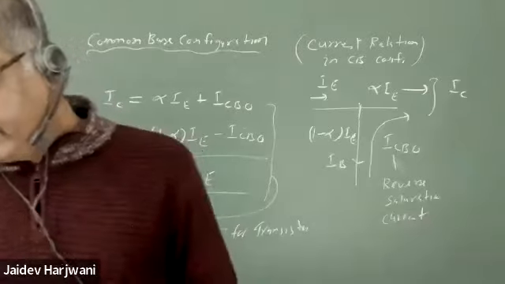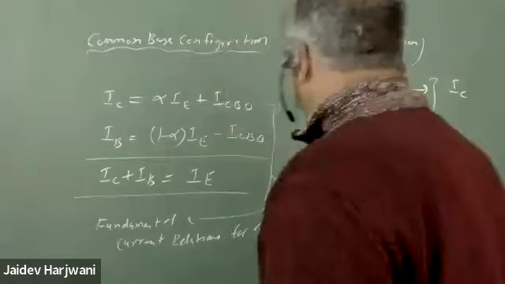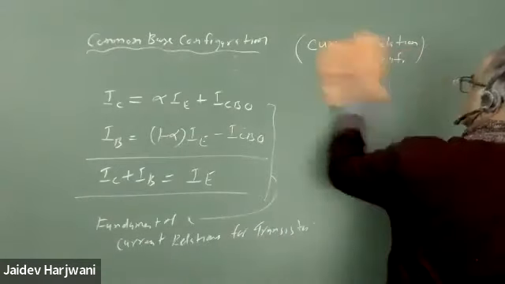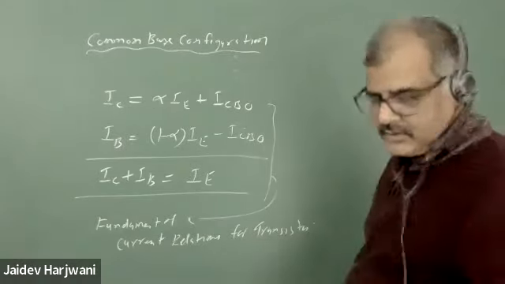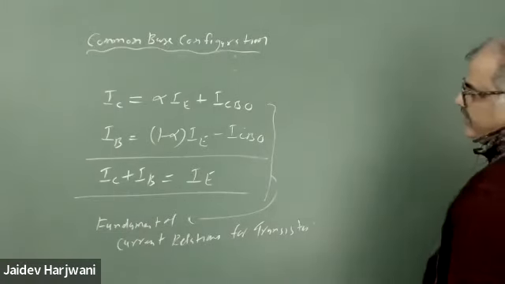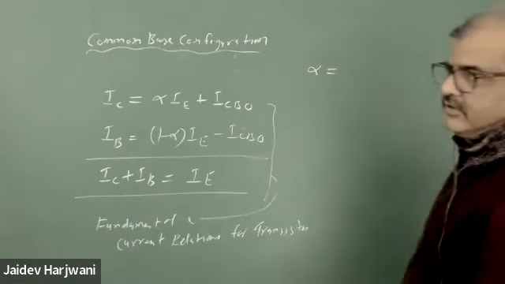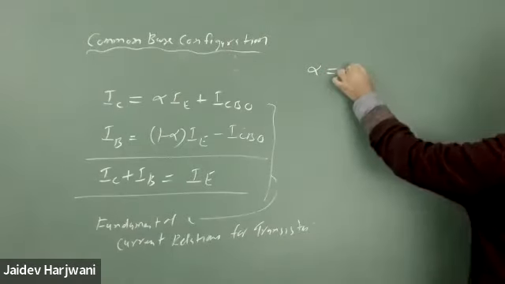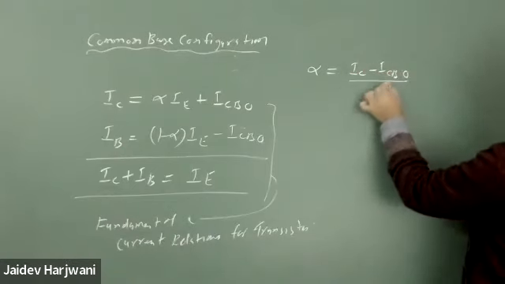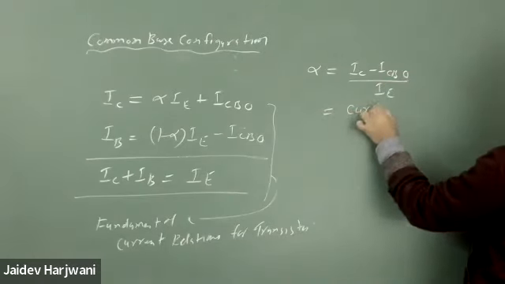Now let me define what is alpha. This fraction alpha, which is equal to IC minus ICBO divided by IE, is called your current gain.